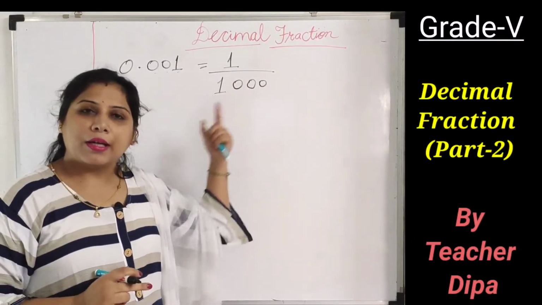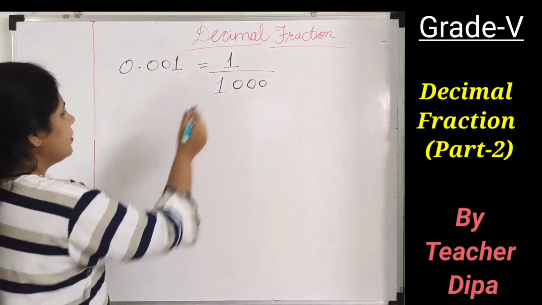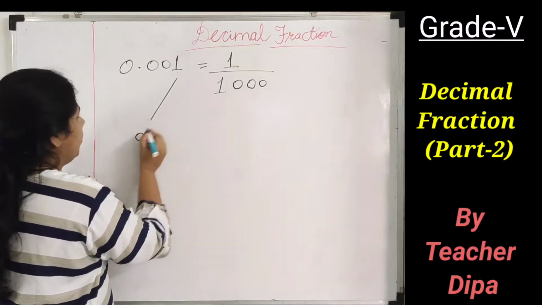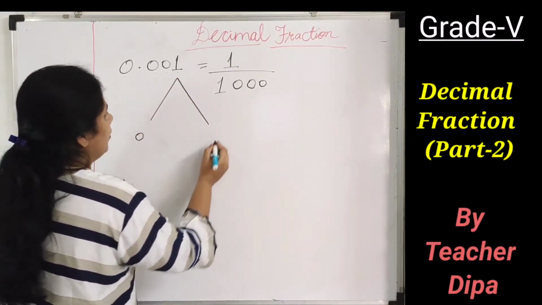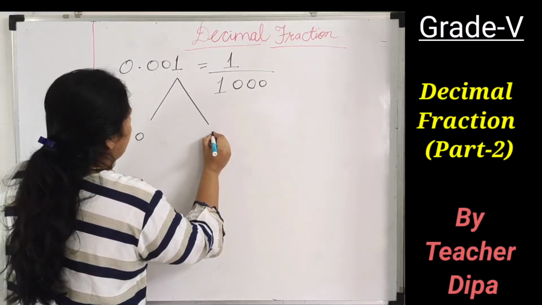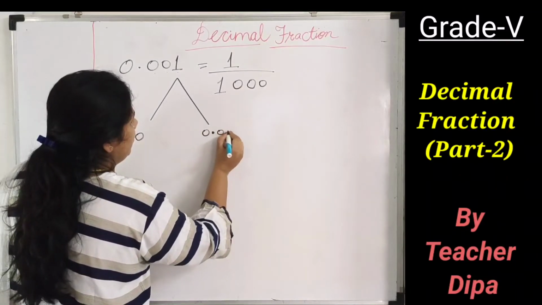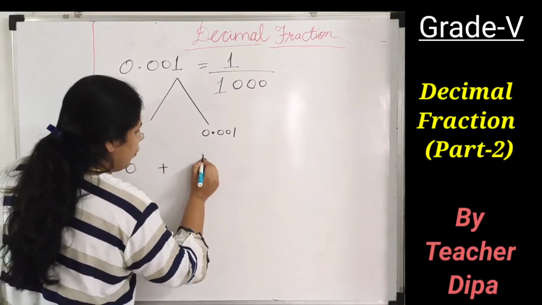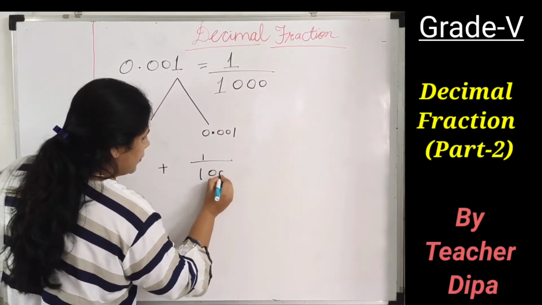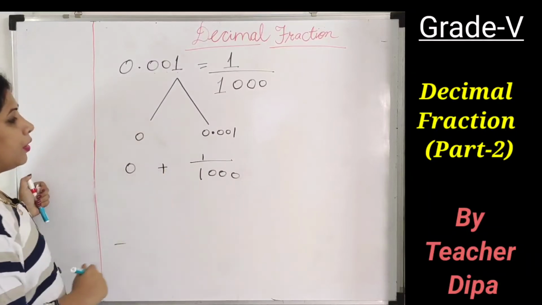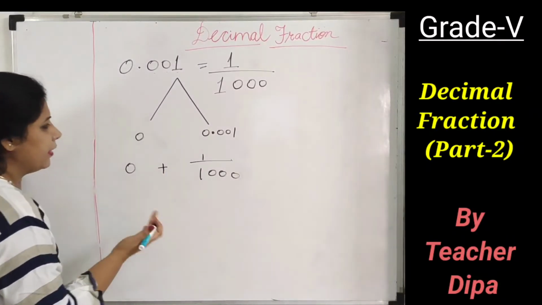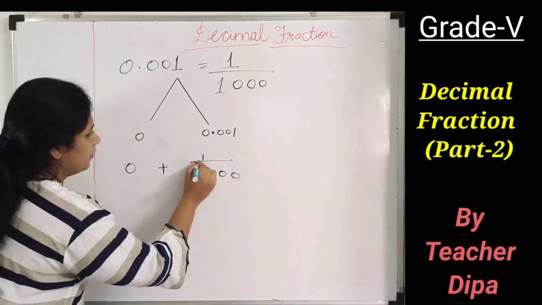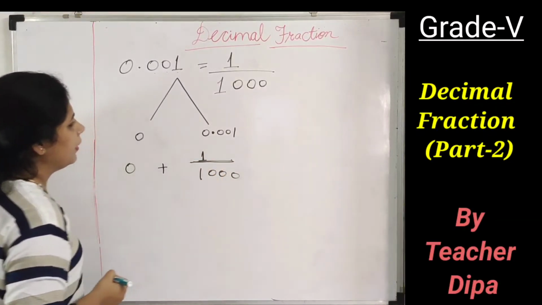But if you want to do it again in that method, we can write this number as 0 and this will be 0.001. So this again can be written as 0 plus 1 upon 1000. When we multiply and divide with the same number, we get the same again.